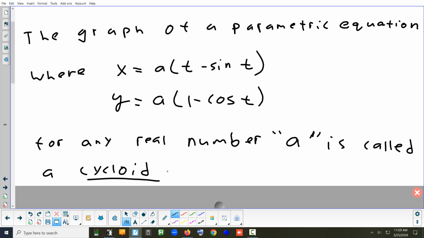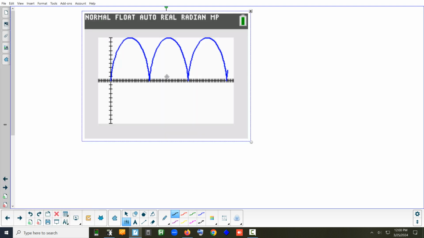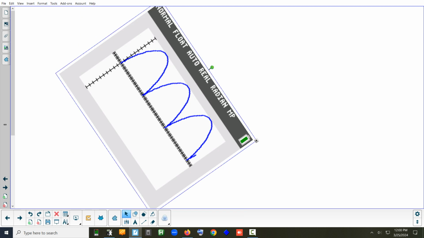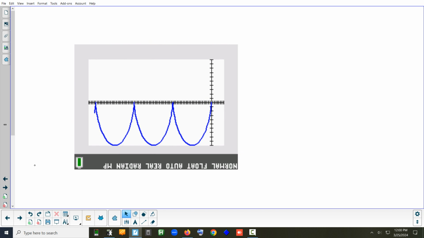Now, interesting thing about a cycloid. If you take that graph and you spin it, let's pretend that's upside down. Let's say that you had a platform up here, and another platform down here, and you were looking to build a track that something was going to go down on, maybe like a roller coaster, and you wanted it to go as fast as possible.